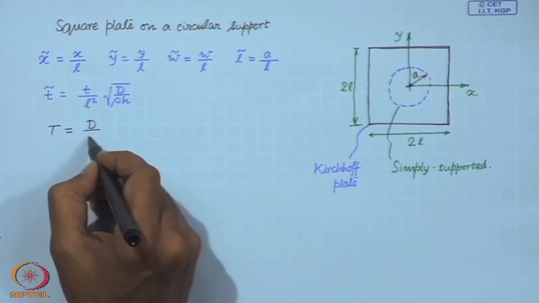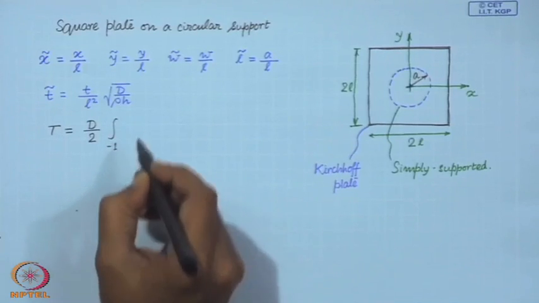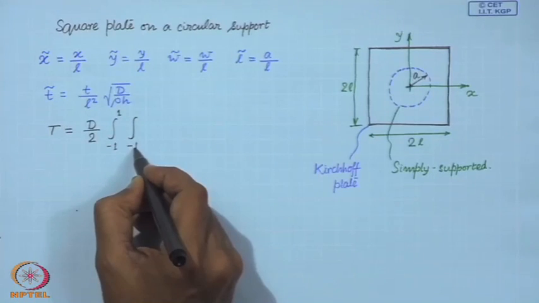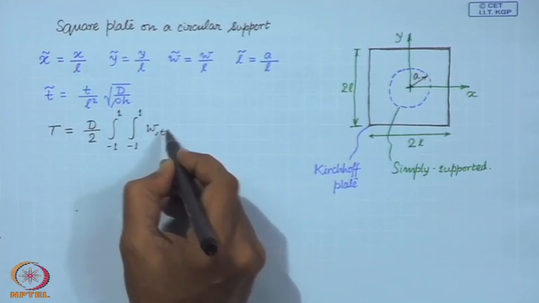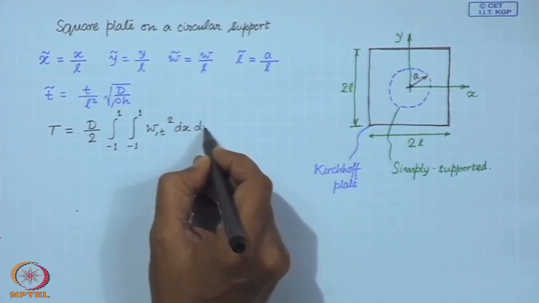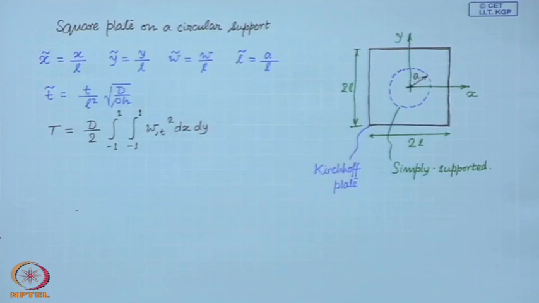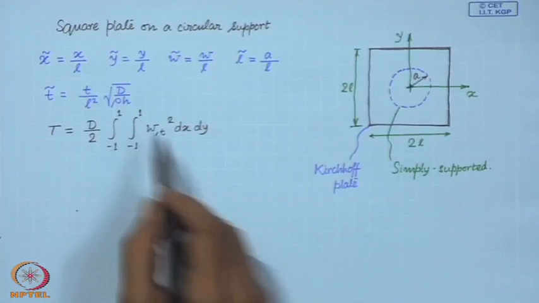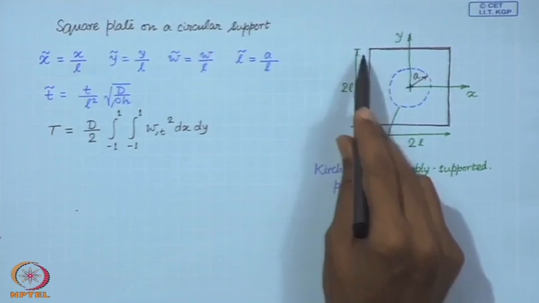So, the kinetic energy expression simplifies. So, these are all simplifying assumptions. I have dropped the tilde for convenience. So, here now x and y coordinates go from -1 to +1.